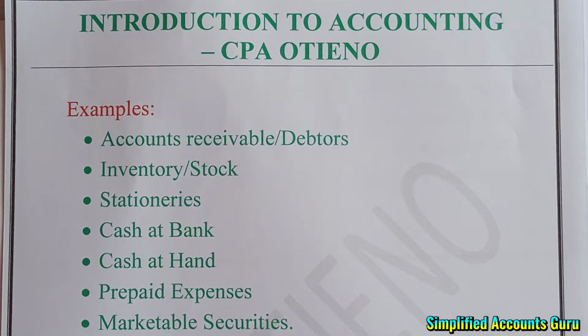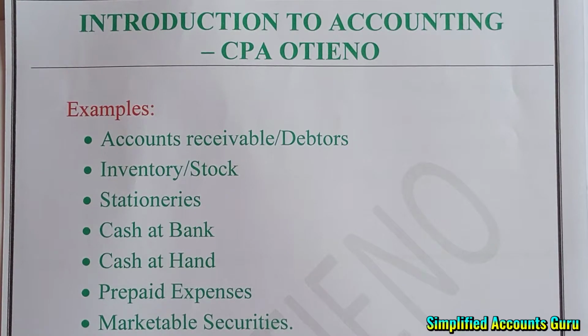Current assets are resources owned or controlled by the business organization as a result of past economic events from which future economic benefits are expected to flow to the business, and they are not expected to last in the business for more than one financial period.